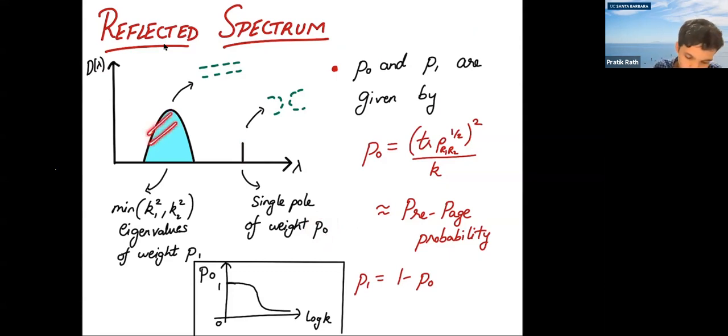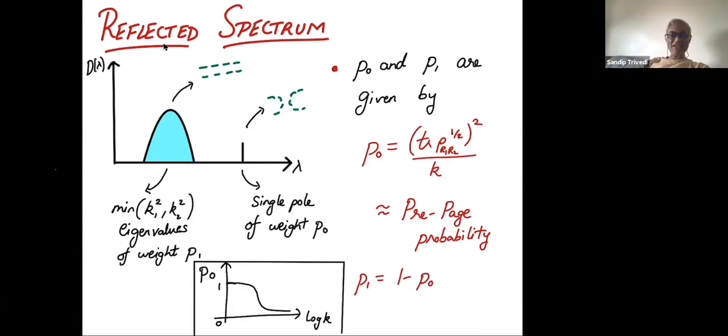And we have a mound of eigenvalues. The number of eigenvalues here is the min of k1 squared or k2 squared, whichever is the smaller one, with some weight P1, and they're together normalized. So we have basically a density matrix which takes the form of these two features, P0 and P1.